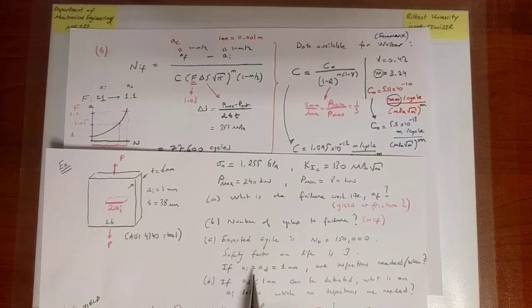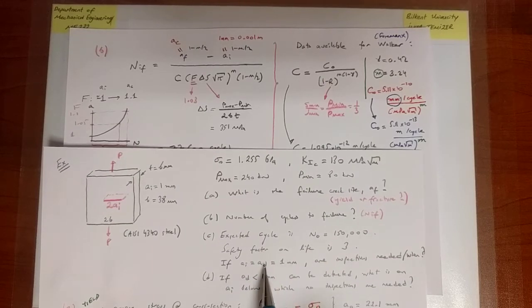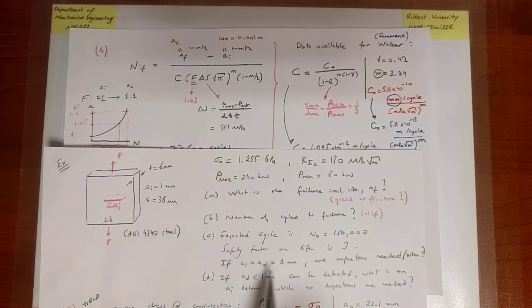Now it says, suppose you do an instrumentation check of the structure, and you say that, well, there is no crack, but your resolution is 1 millimeter, so you have to assume that a crack size of 1 millimeter must exist. That's your resolution. So how many inspections do I need to do to reach this number of cycles with that safety factor? We provided the minimum detectable crack size as 1 millimeter because we've already done an analysis in part B based on that. So we want to make use of it.